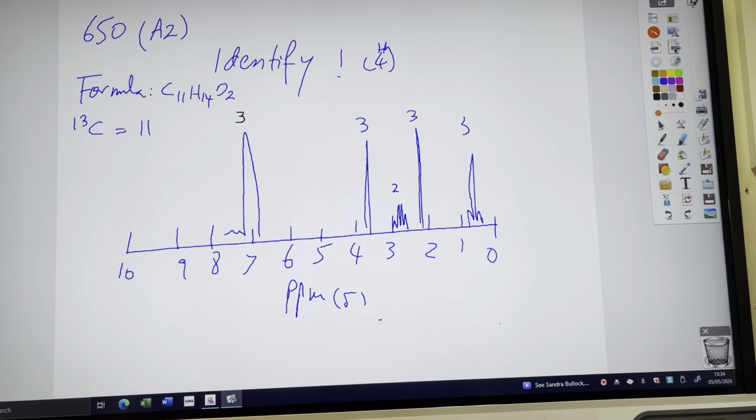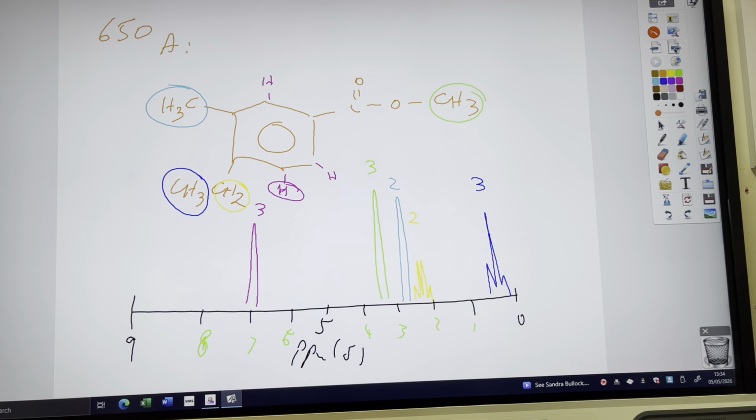As you can see, plenty of NMR questions usually give you spectrographs and you have to identify.